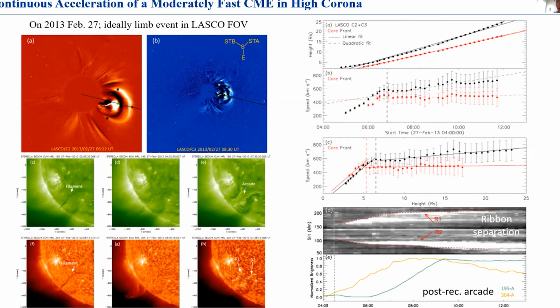The right figure, the top three panels, shows the measurement, which is the height-time, speed-time and speed-height measurement. You can see from these panels that the CME has two acceleration phases. One is the initial impulsive one, and the late phase is a gradual acceleration phase.